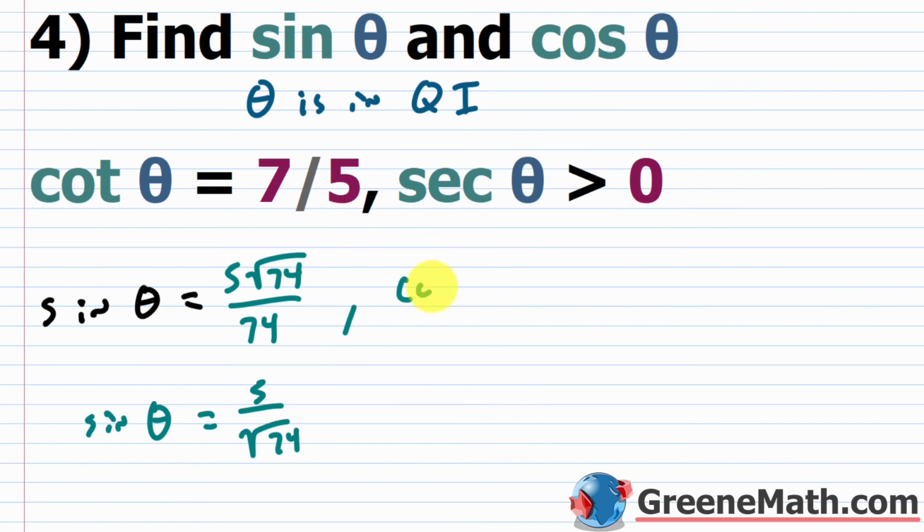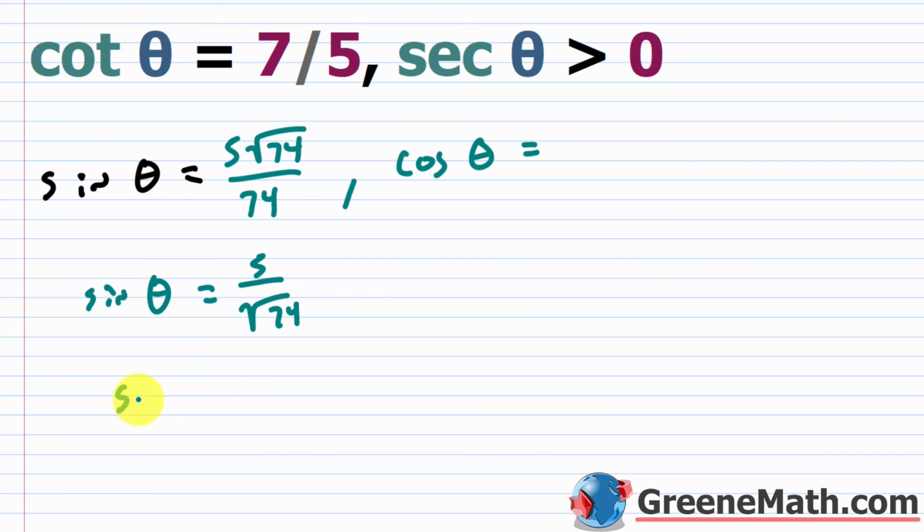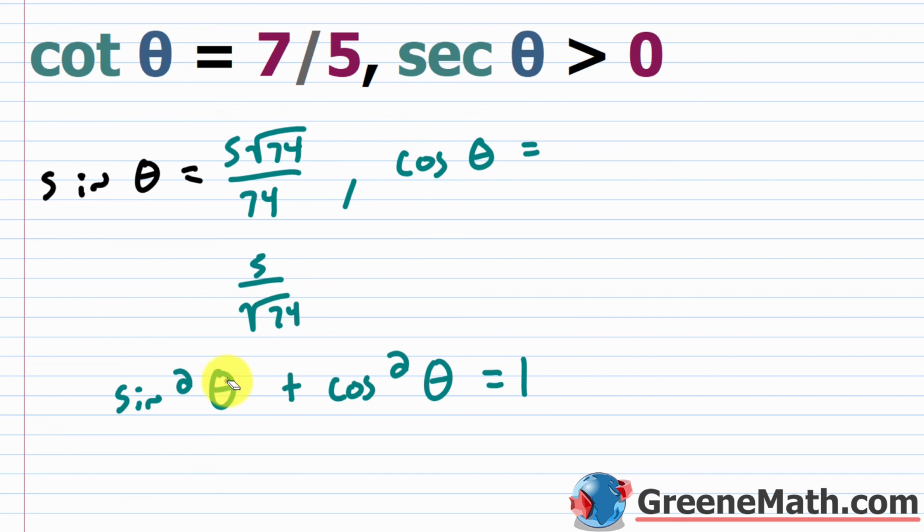And then I want to find the cosine of theta. Okay, so I'm going to do that with this guy right here. So I want you to recall that sine squared theta plus cosine squared theta is equal to 1. So let's get rid of this. And I'm just going to plug that in here. Okay, so I need to square this. So I'm going to say that this is 5 over the square root of 74 being squared like this.